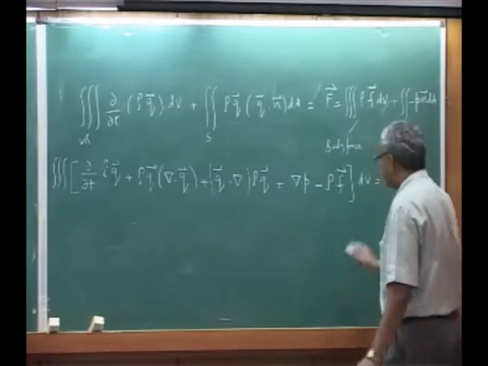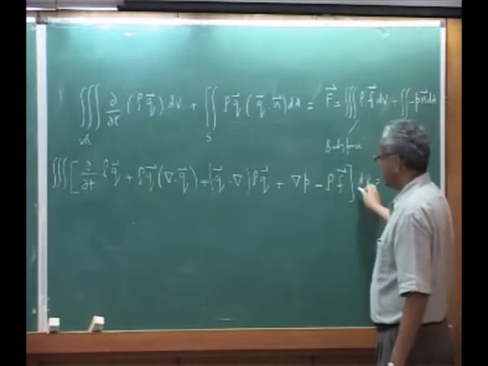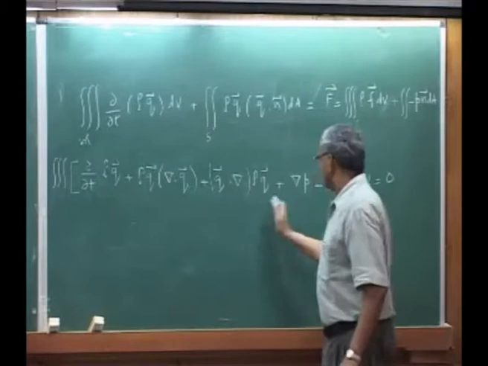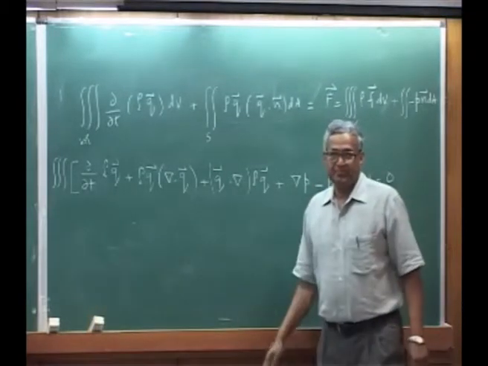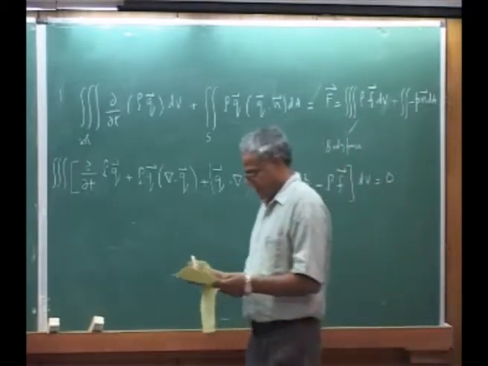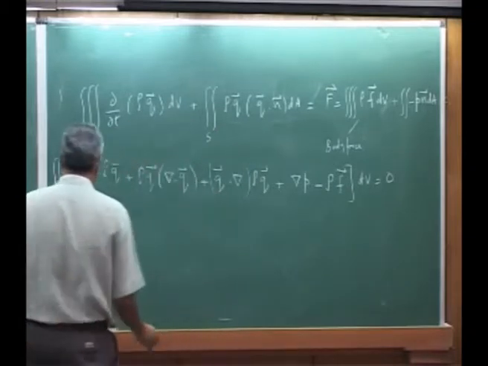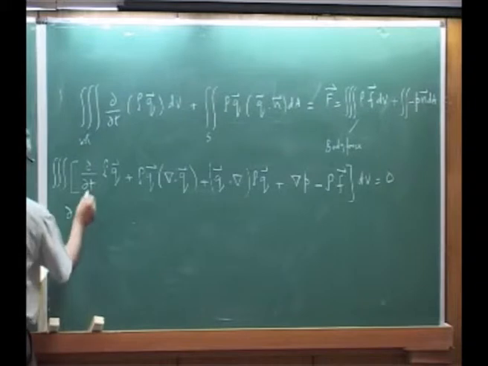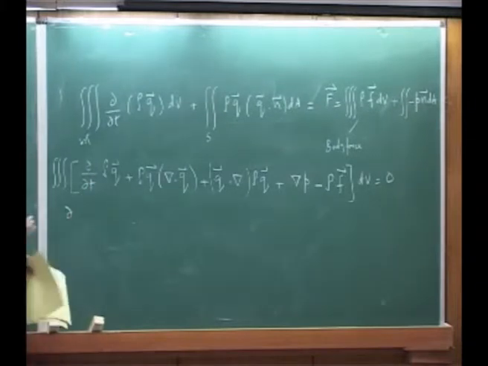Okay, now since the volume is arbitrary, therefore this quantity must be 0. This quantity you can write in two forms.